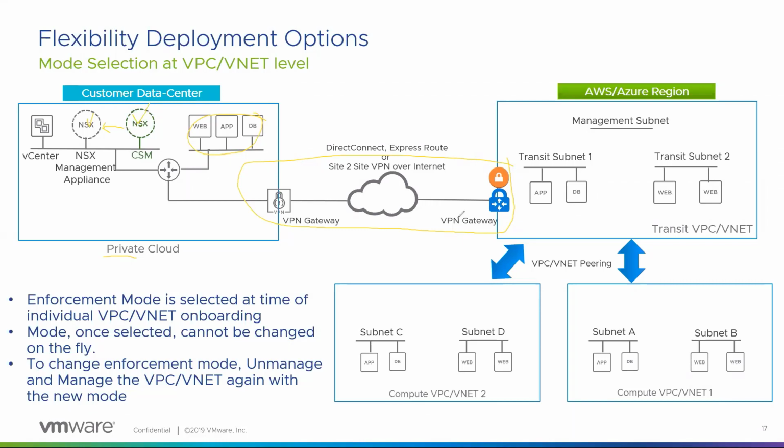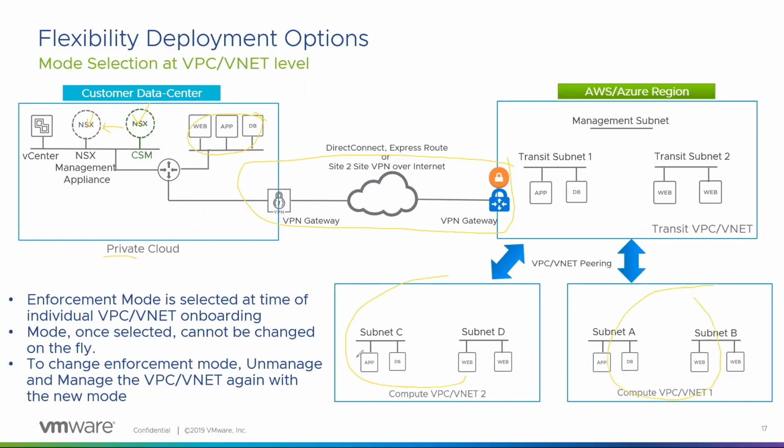What you do notice though is, we have kind of a transit VPC in place, right? So I've got this top level VPC here, and then I have these paired VPCs at the bottom. The point is, I can choose my enforcement mode per VPC or VNet.